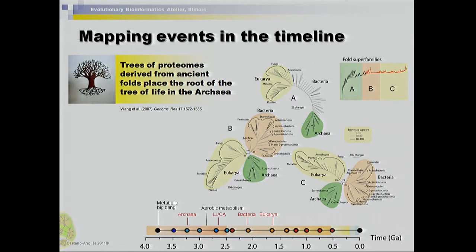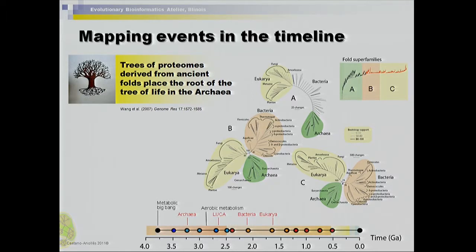And to our amazement, we find out that the trees reconstructed from very ancient structures were all rooted paraphyletically, that means within the superkingdom, in archaea, and the same occurred in this intermediate phase.